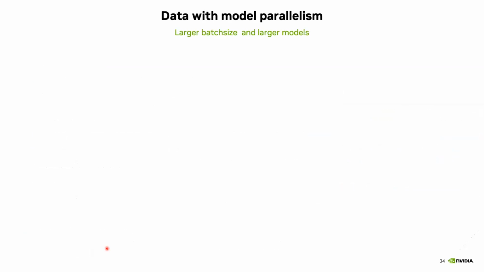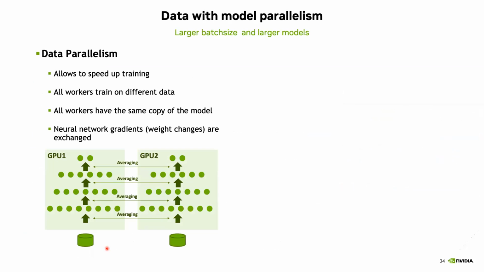If we cannot fit everything into single GPU training, then we can look into data and model parallelization. In data parallelization, which is very commonly used, we split our data. We send this data to different GPU workers, which can be even nodes or different GPUs in a single node. Then they share the same model, they compute the gradients on their own data, and they exchange the gradients.